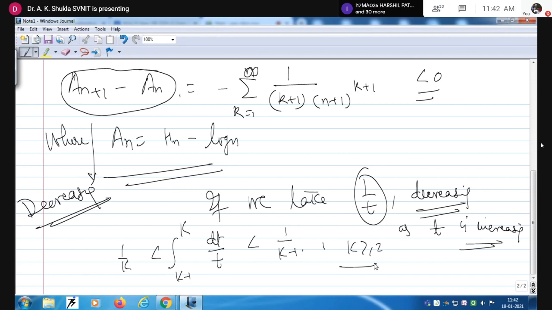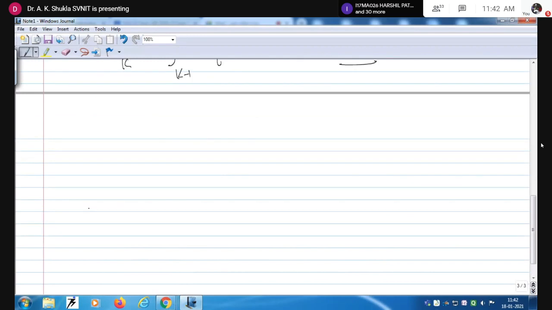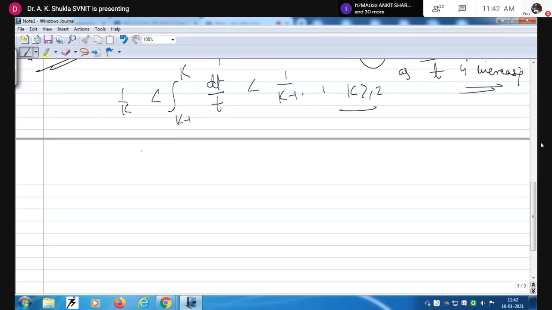Clear? So this is our integration from k minus 1 to k, and 1 upon k starts from k equal to 2.